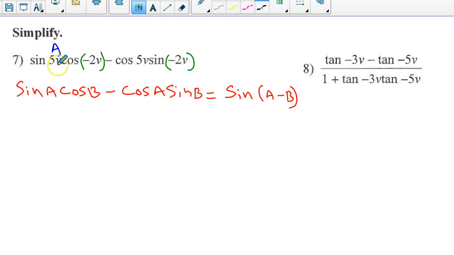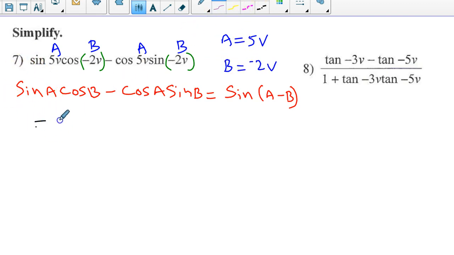So our 5v is A and negative 2v is B. Again, cosine 5v means this is your A, that is your B. Make sure that A is equal to 5v and B is equal to negative 2v. Now go to the formula.